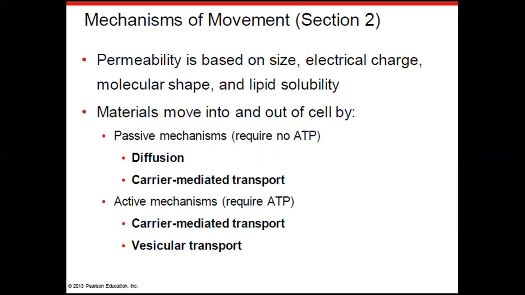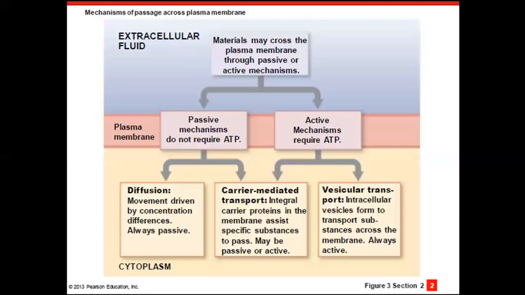Materials move into and out of the cell by passive mechanisms that do not require ATP. Any mechanism that allows a substance to pass through the cell membrane that's considered passive does not require ATP. Things like diffusion and carrier-mediated transport we'll talk about next. Active mechanisms, an active transport mechanism that gets a substance from the outside to the inside or inside to outside of the cell, require ATP. We'll talk about these two mechanisms as well.